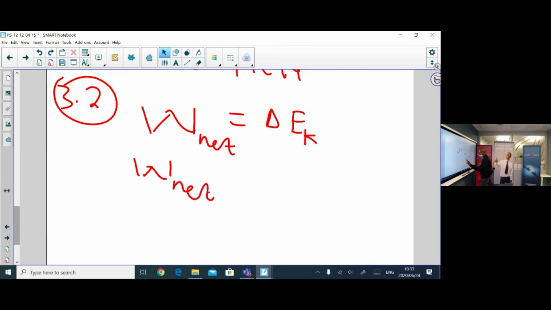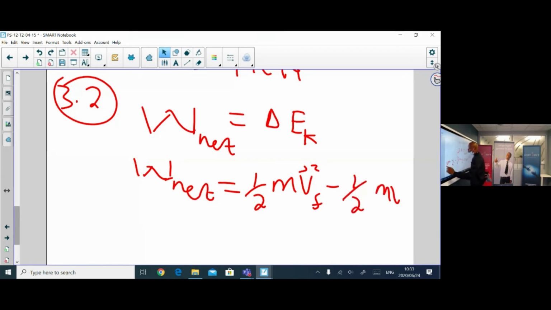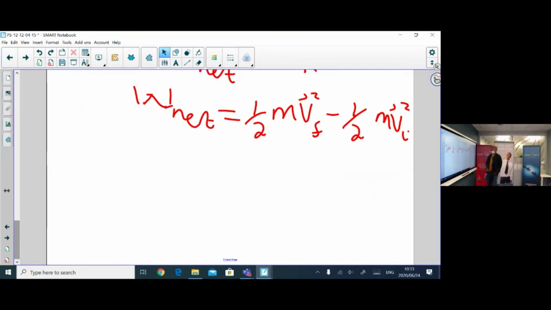W net is equal to half mv final squared minus half m v initial squared. We have to find the negative.